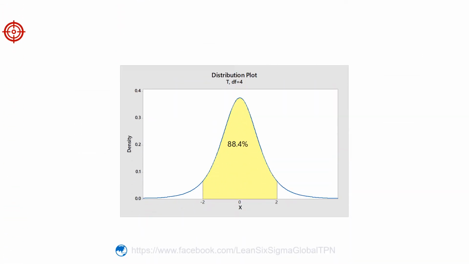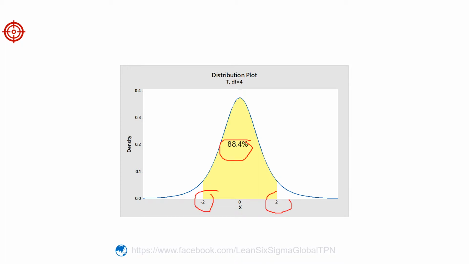With a sample of 5 phones, we'll need a t-distribution with 4 degrees of freedom. The probability that a sample mean is within two sample standard errors of the population mean is only about 88.4%.